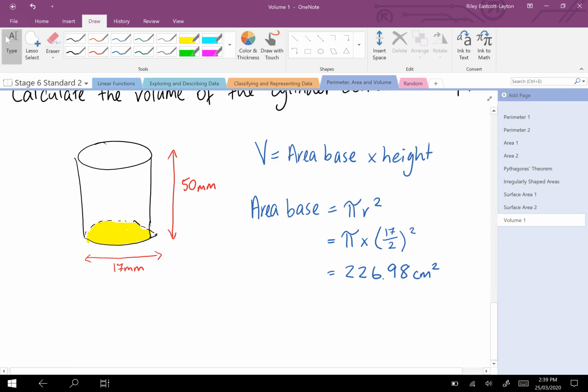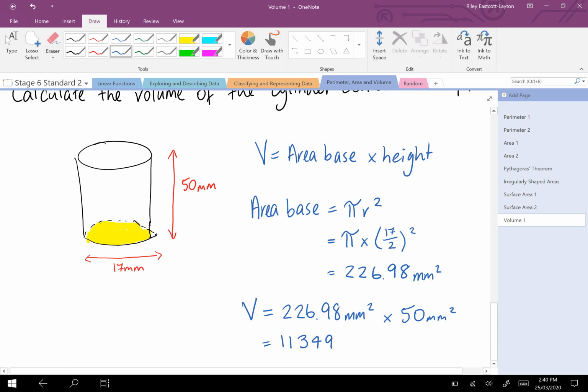And now we're going to sub it into millimeters squared. Don't get caught out. Now the volume will be the area of the base, which is 226.98 millimeters squared, times by the height, which is 50 millimeters, times by 50, and we get an answer of 11349.